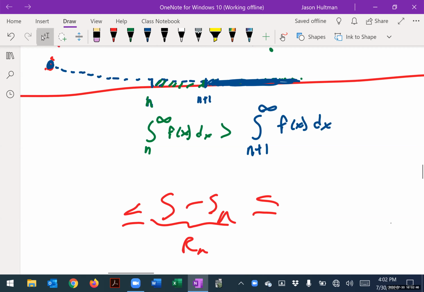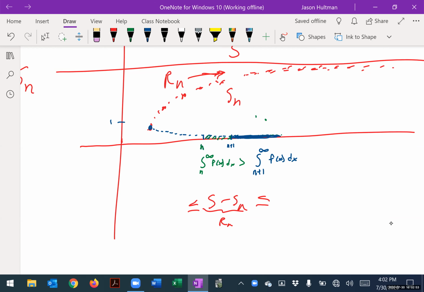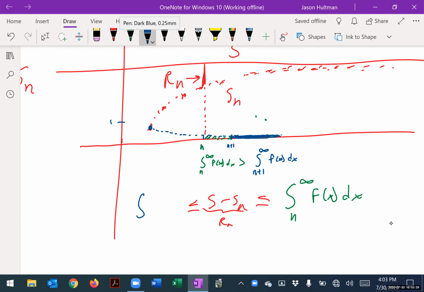So we're saying that the area here between S and S sub n, which we're calling our remainder, is bounded by the integral from n to infinity of f of x dx and the integral from n plus 1 to infinity of f of x.